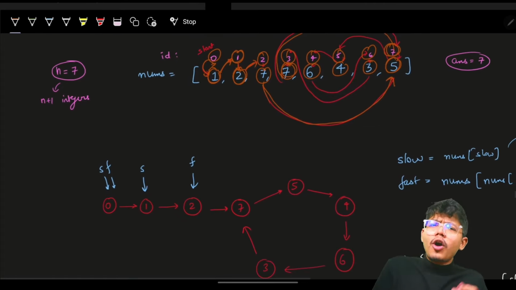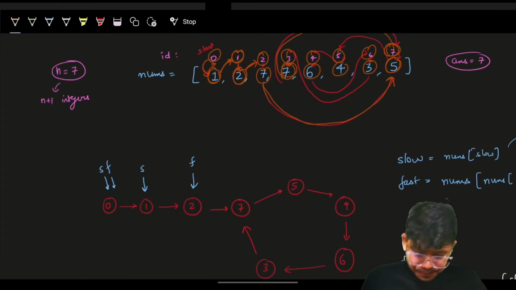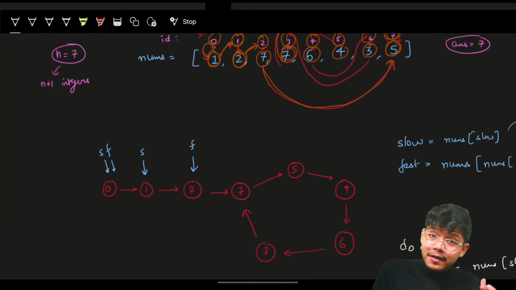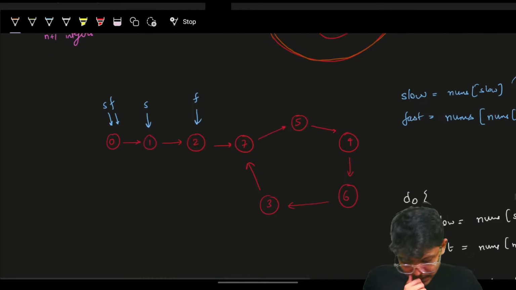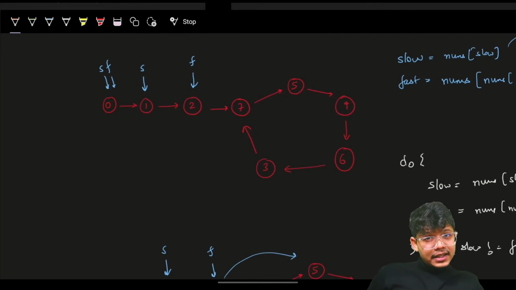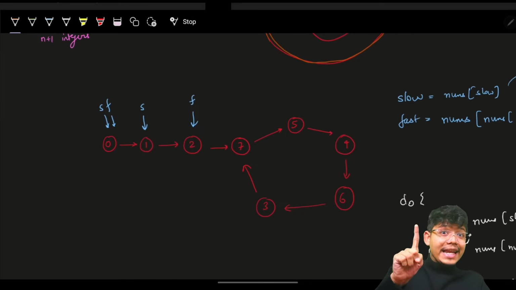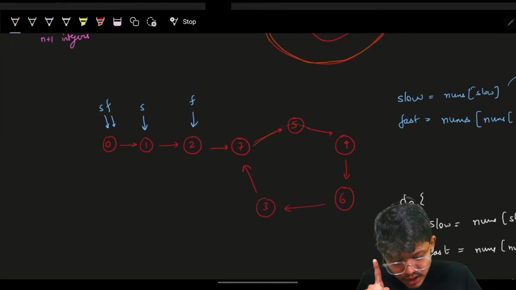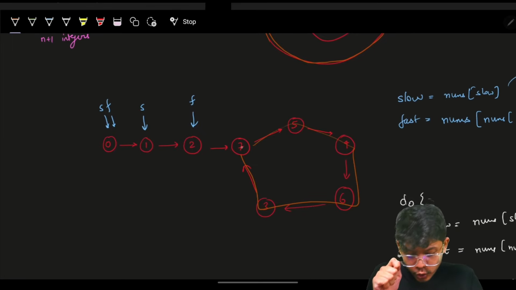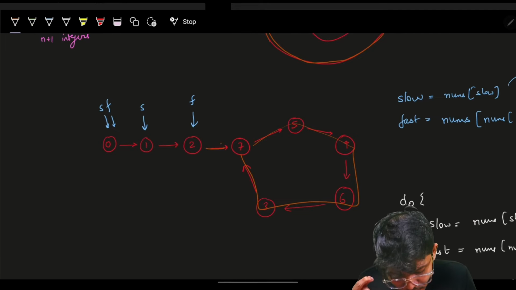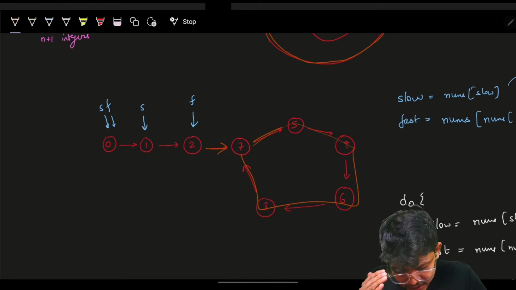Now, that is obvious because I have a repeating element. If I would not have a repeating element, there may or may not be chances of actually getting a cycle. Now, if I have a cycle, I know the element is repeating. And again, it's just one element which is repeating. If you have a cycle, and you know only one element is repeating, only one element will have an incoming edge, an outgoing edge, and again an incoming edge.